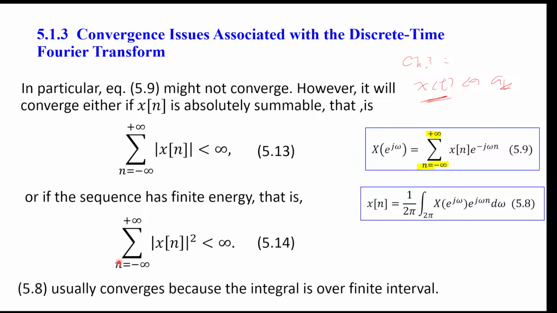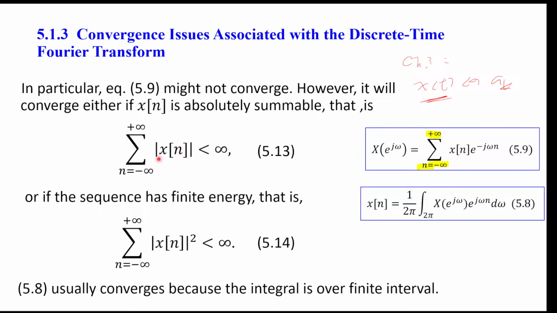I guess one of the motivations here is that you can see this is similar to the Dirichlet condition we keep talking about. The Dirichlet condition says your signal needs to be absolutely integrable, but it also has conditions 2 and 3, saying that you should not have too many minima and maxima and too much discontinuity.